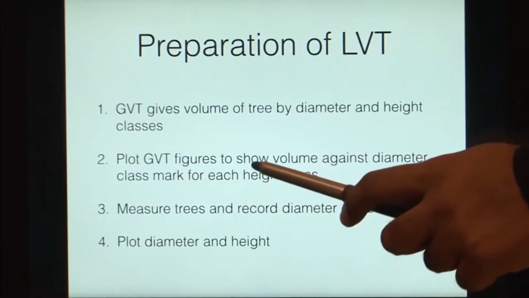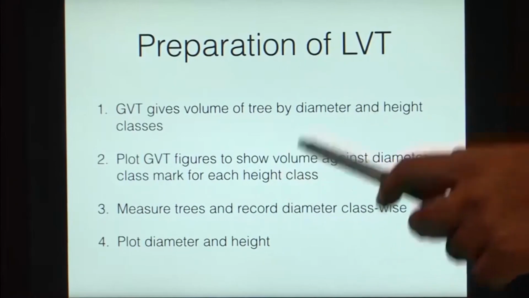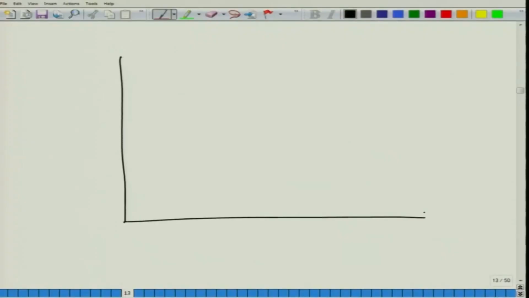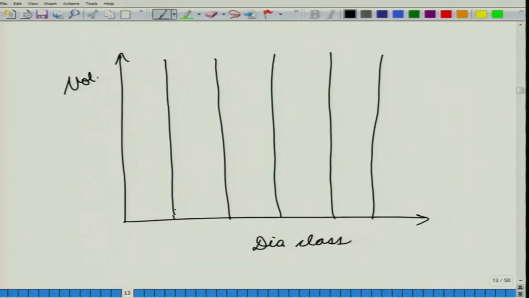So, we can plot our general volume table figures to show volume against the diameter class mark for each height class. What we are trying to do here is plot our values of the volume versus each dia class. So, suppose here are our dia classes, and we are writing it against the class marks. Suppose it is 15, 25, 35, 45, 55 and so on in centimeters.